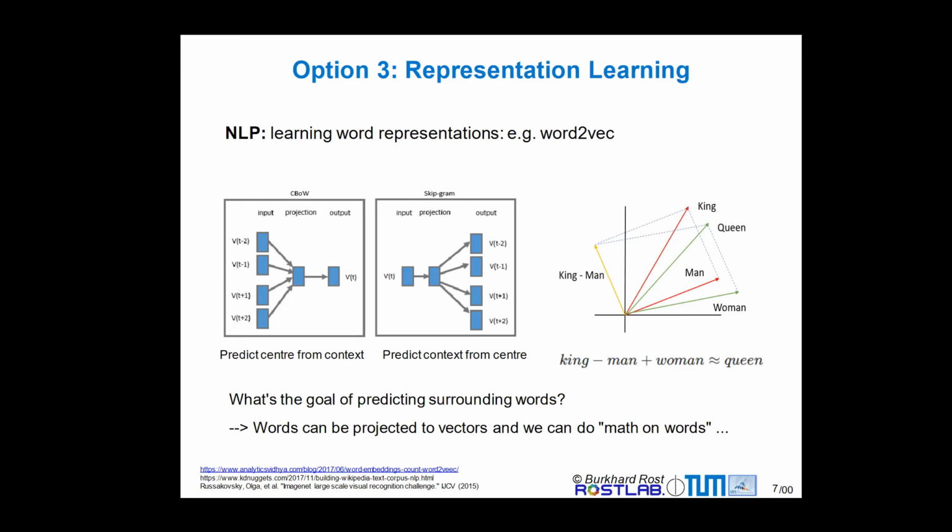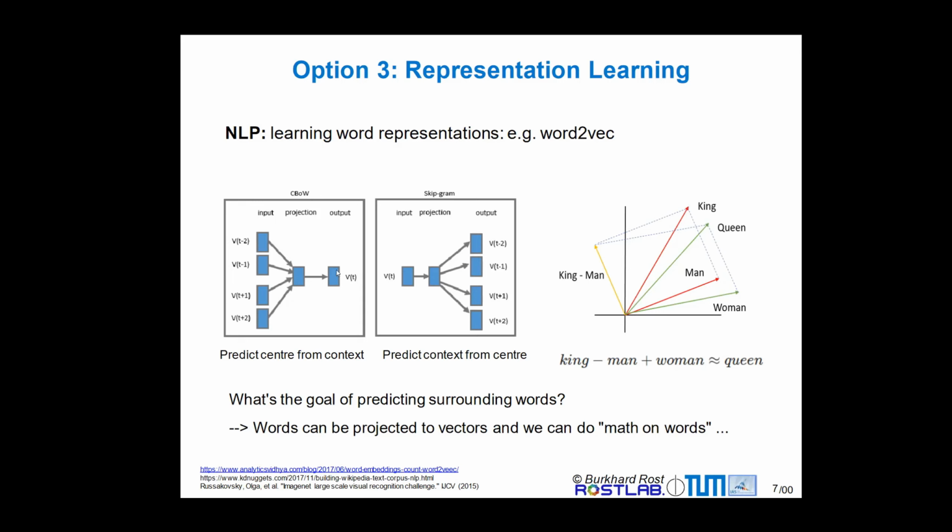But the whole point is we do not want to predict surrounding words. We do not want to predict the center word, for example. What we actually want is this hidden layer vector representation that the network learned in order to do well in the task of predicting the center word. So this is the main goal.